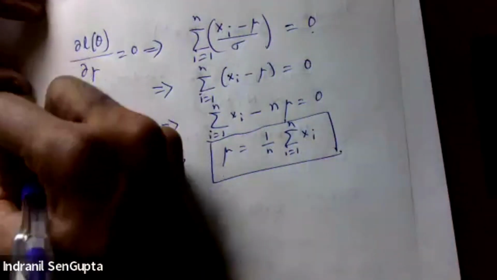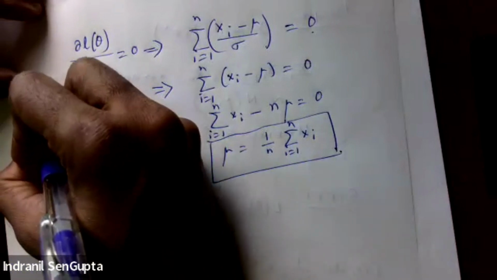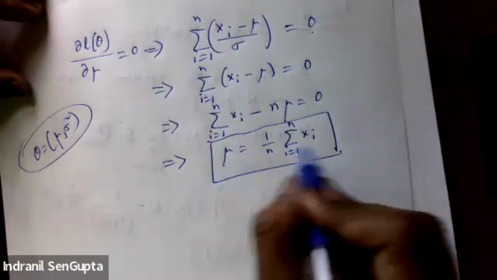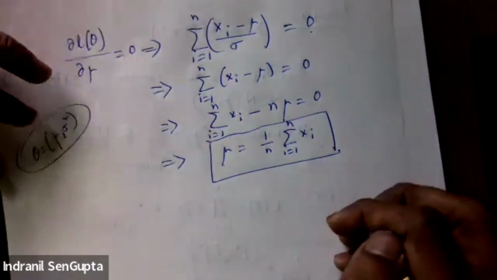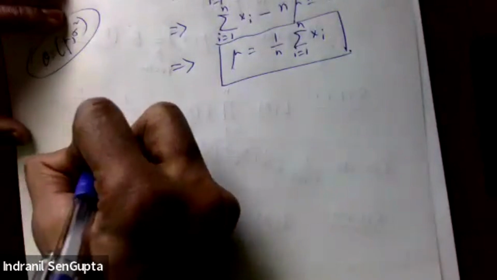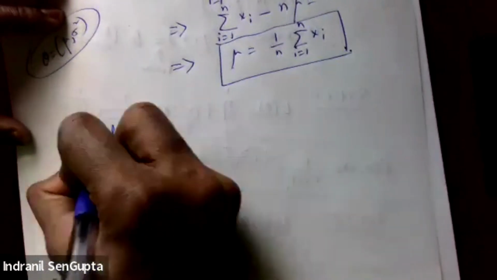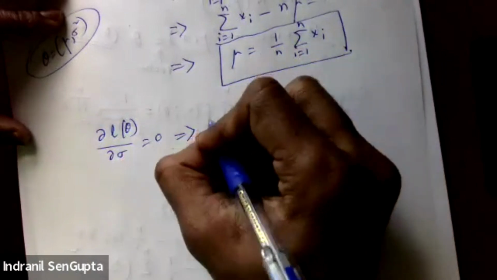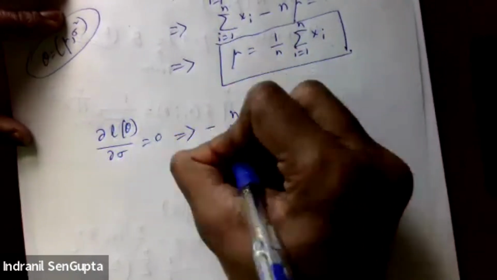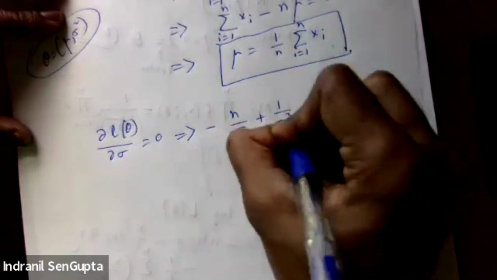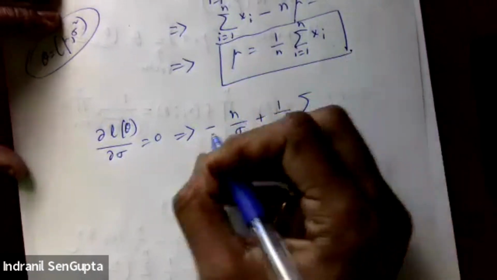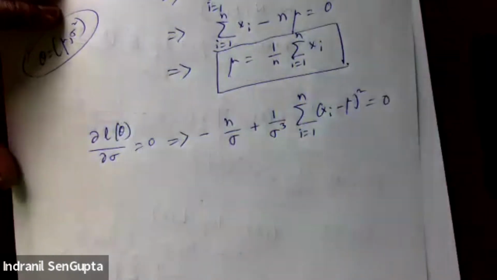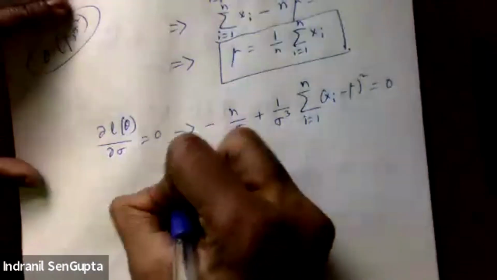Remember, theta has 2 parts: mu and sigma squared. So I found mu. And also the other one: dL/d sigma equals 0 would give me minus n over sigma plus 1 over sigma cubed times the sum i from 1 to n of (xi minus mu) squared equals 0.